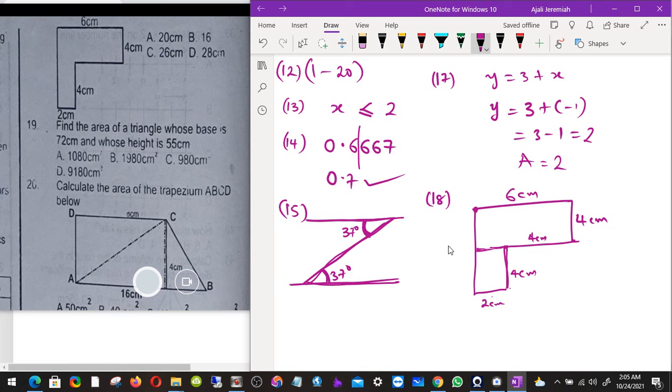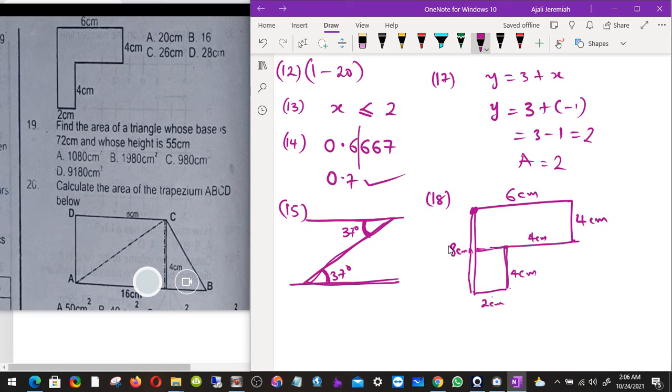Then here to here is the addition of this 4 and this 4, so from here to here is 8 cm.